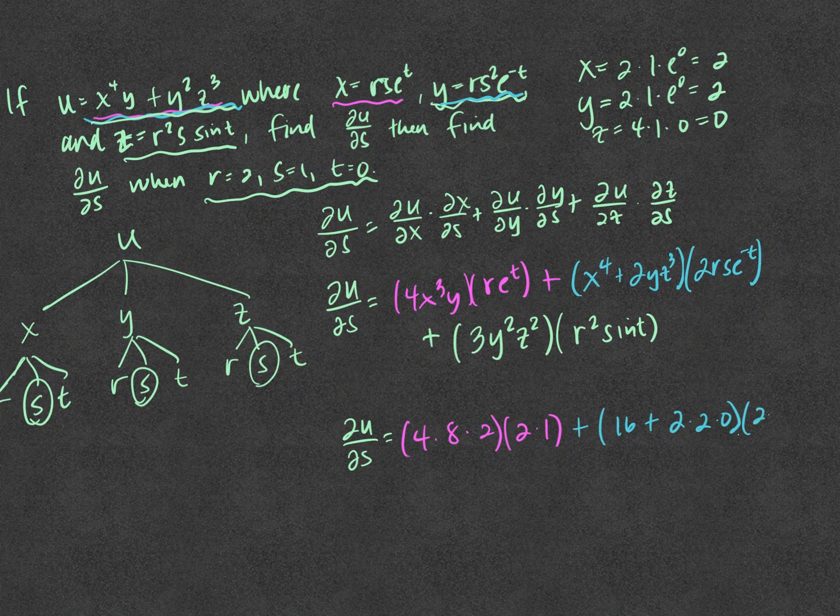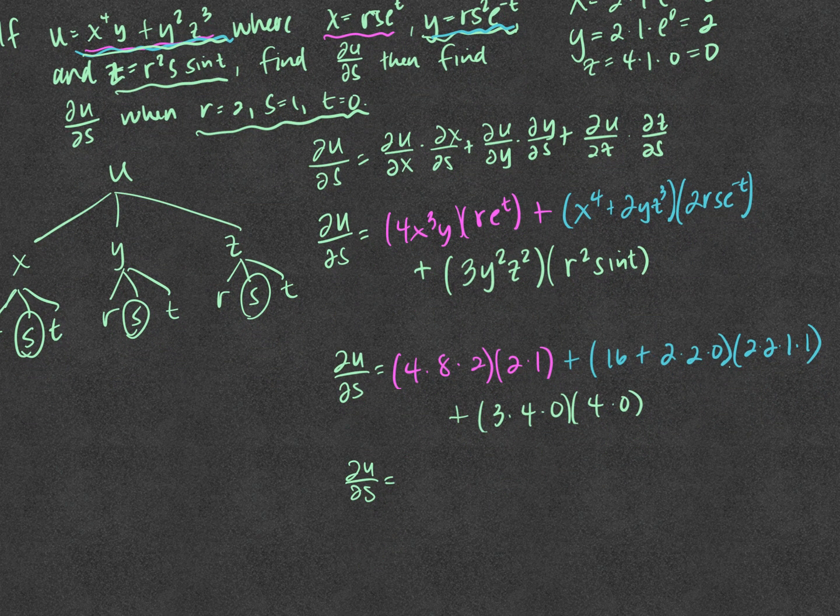And then we have 2 times r is 2, s is 1, and e to the minus t, to the 0, is 1, plus 3 times y squared is 4, times z squared is 0, and r squared is 4 times 0. So that's 0.